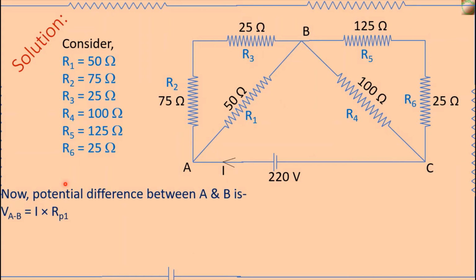So VAB is equal to I into Rp1, which is 2.357 into 33.33. This is equal to 78.56 volt. That is, the potential difference between A and B point is 78.56 volt.